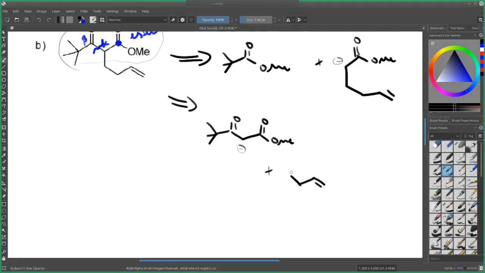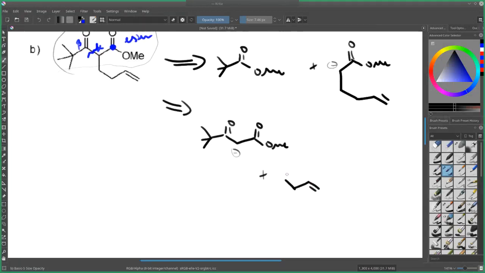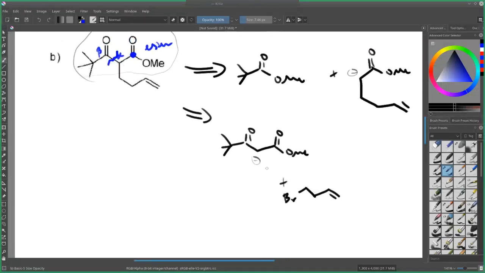So you need something that looks like that. And you need a leaving group, so how about we put bromine? Just pick your favorite leaving group, because this is a good nucleophile, so it'll kick off whatever leaving group you have. So there you go. That's another option that you can do.